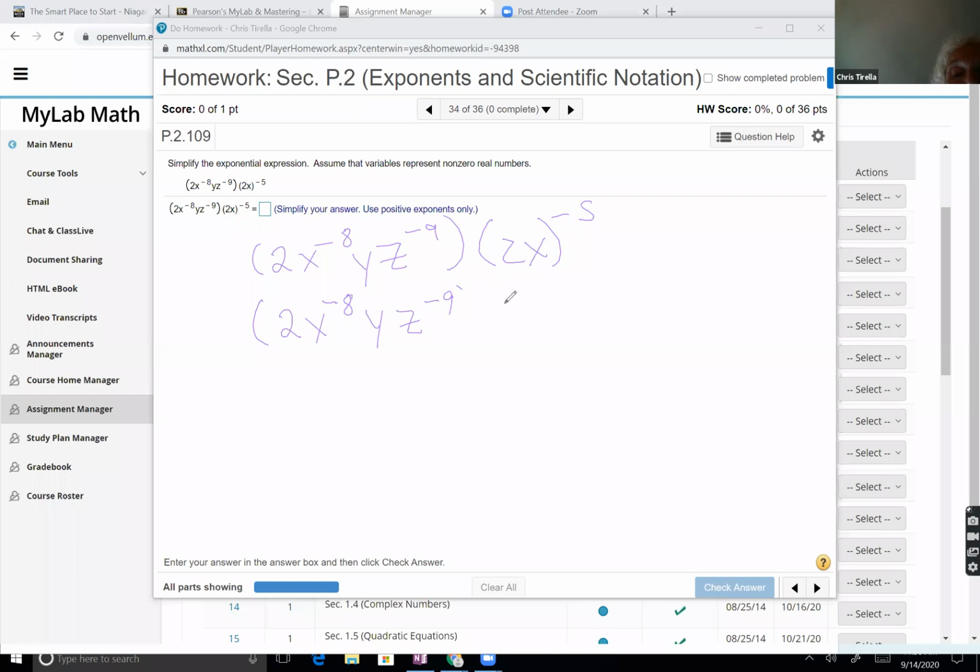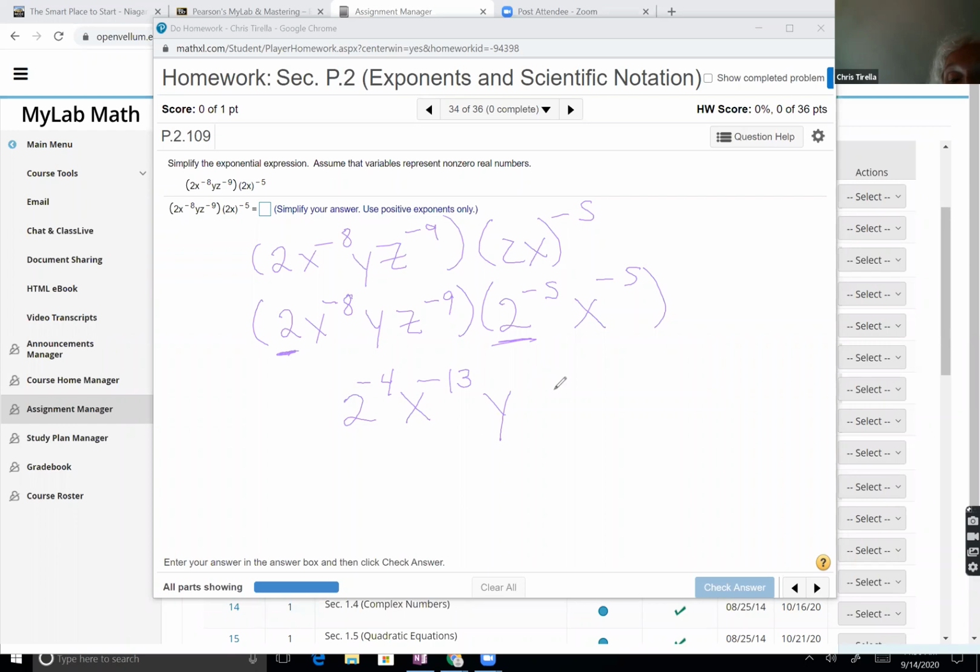So that gives me 2 to the negative 5, x to the negative 5. With me so far? Now multiplying, I add exponents. 1 plus -5 gives me 2 to the -4. -8 plus -5 gives me x to the -13.